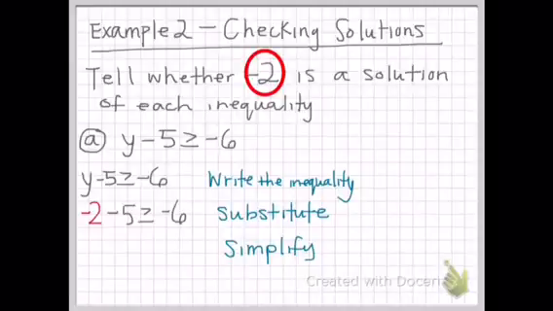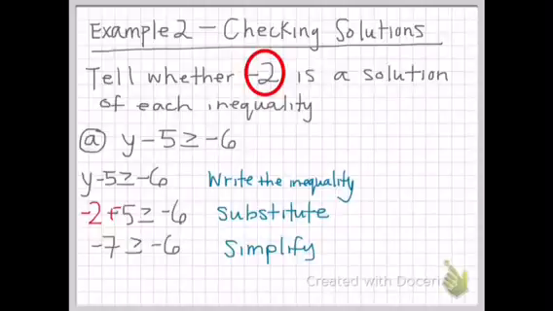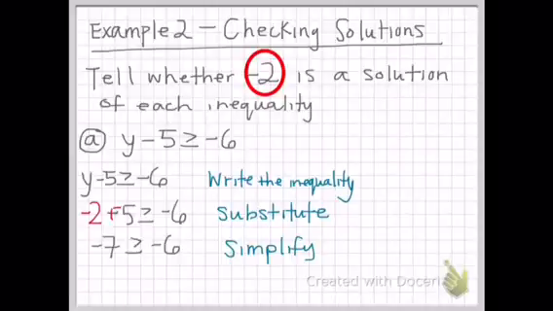-2 minus 5. Well, what are we going to do here, class? Pop the opposite, because we see subtraction. Okay, so I have a -2 plus a -5. In class, that is -7 is greater than or equal to -6. Now, when you get to this, after the simplify, it's a simple thing. Is it true? Is -7 greater than or equal to -6?